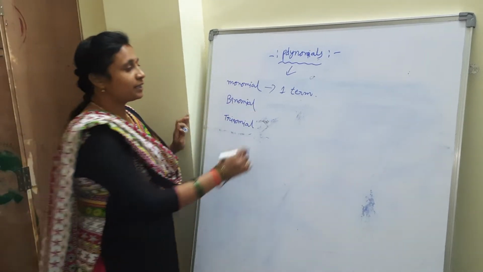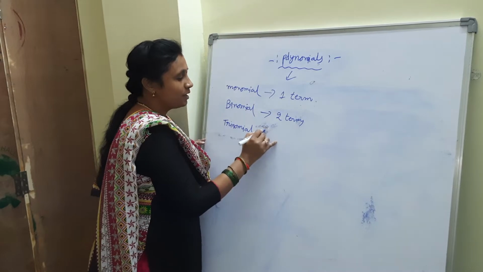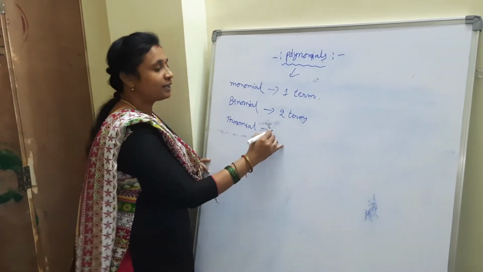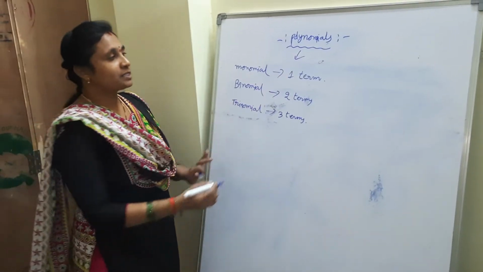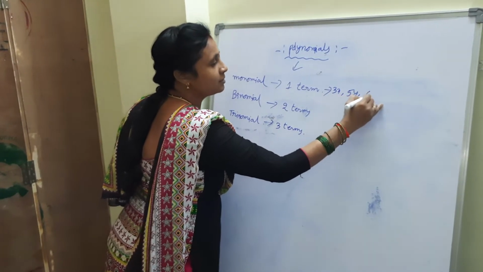A binomial is an algebraic expression that contains only two terms. A trinomial is an algebraic expression that contains only three terms. Examples of monomials are 3x, 5y, 6z.